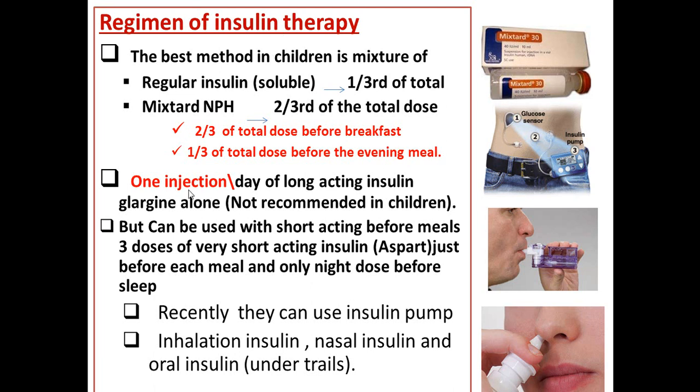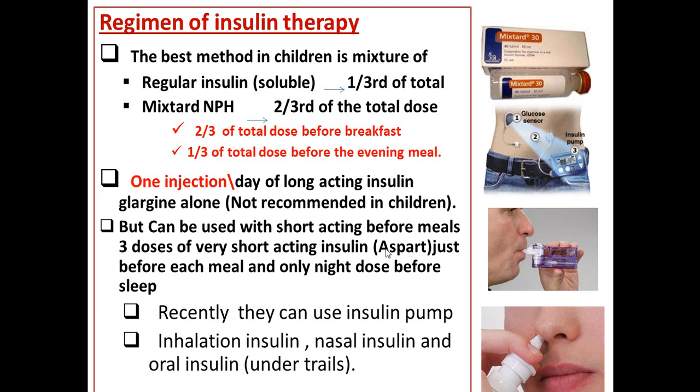There is another method. They use one injection of the long-acting, we call it glargine, but it is not recommended in children. We may use glargine with a very short acting before meals. Very short acting, as we said, we call it aspart or lispro.